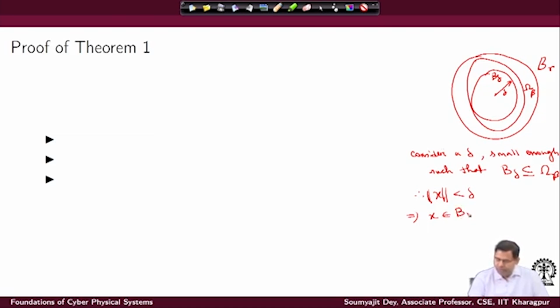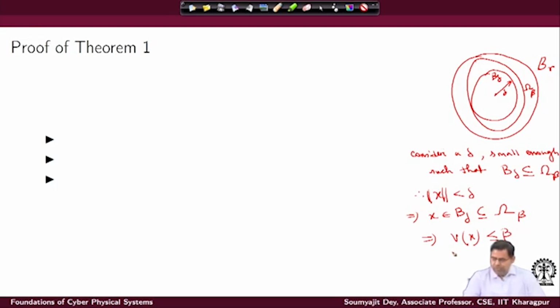So x is also a member of omega beta, and then by definition of omega beta, V x is less than or equal to this beta. So that is it.